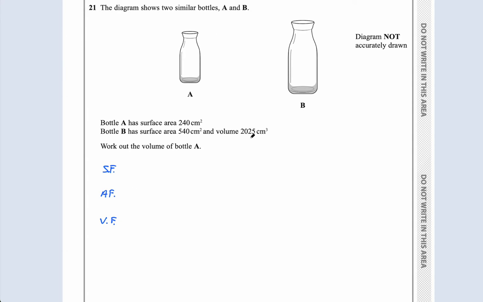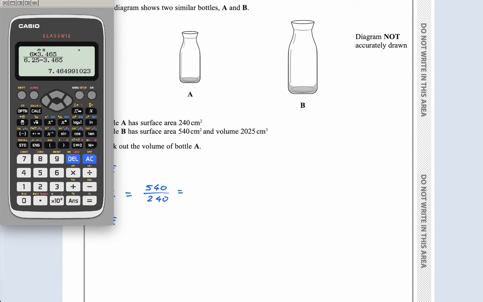I don't have the volume factor. The only thing I can calculate is the area factor, because I have the surface area of B and the surface area of A. So the area factor is the area of A divided by the area of B, 540 over 240. Let's just do that.